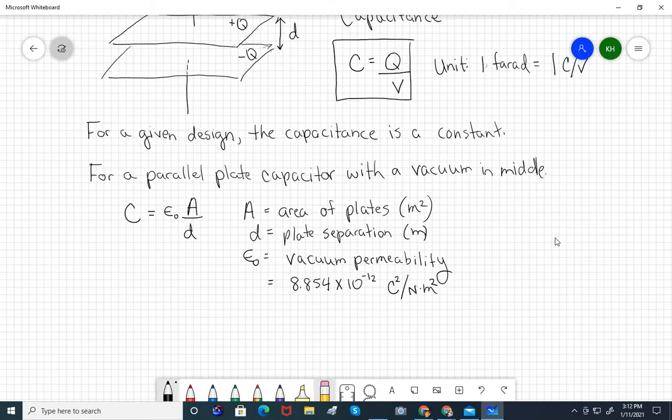It's just a constant in physics. It's been found experimentally. So if we look at our formula, if we want to increase capacitance, we want to be able to store more charge at a particular voltage, then we can either increase the area of the plates and make the area of the plates very large, or we can decrease the separation between the plates and make the plates very, very close together.